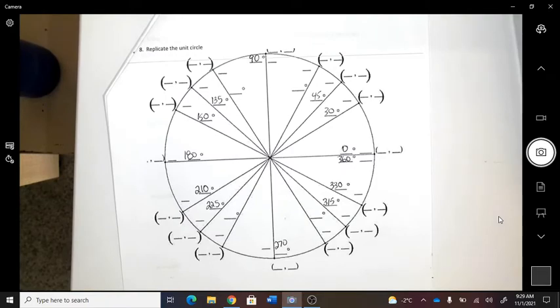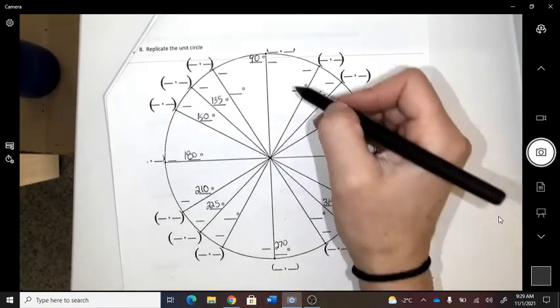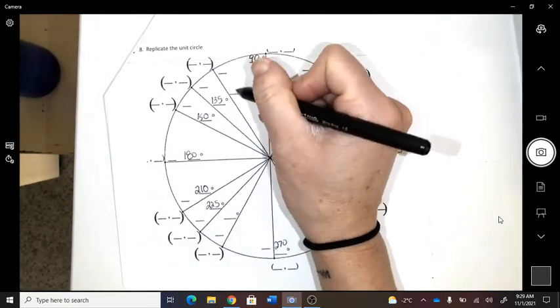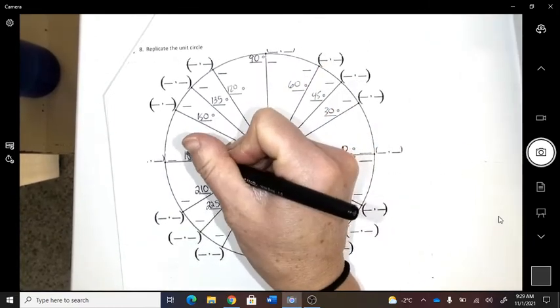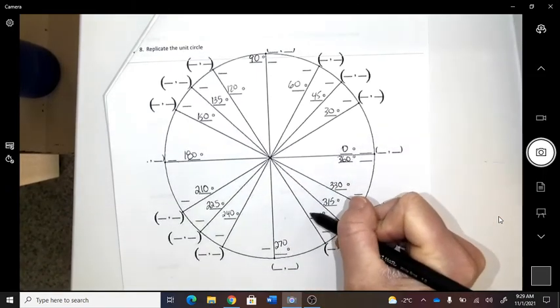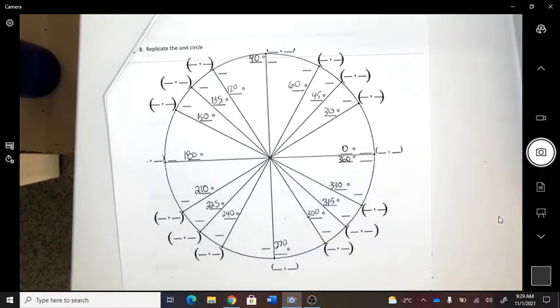Okay, now I'm going to go 60. So 60 less than 180 is 120. 60 bigger, 240. And this is 300. Okay, you're going to be developing this without your calculator.